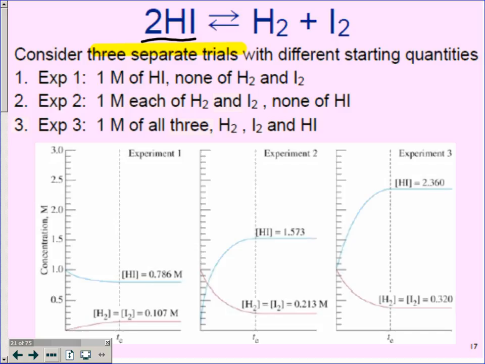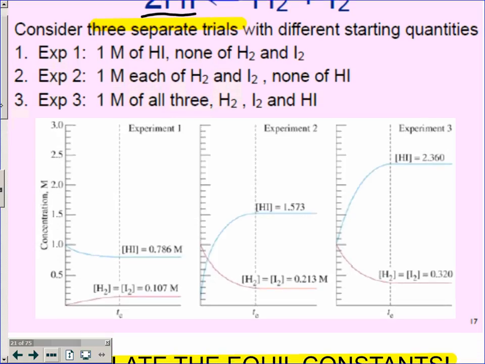All right, JT's row and Fatima's row, okay? We're going to look at one experiment and then I'm going to kind of toggle team the rest.